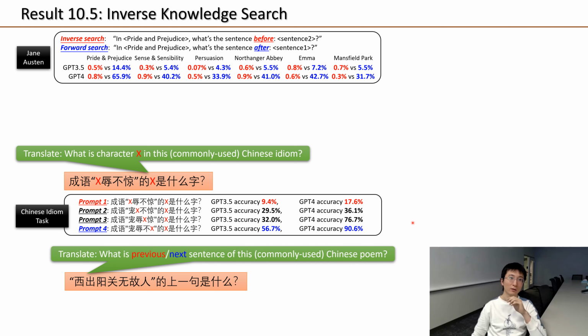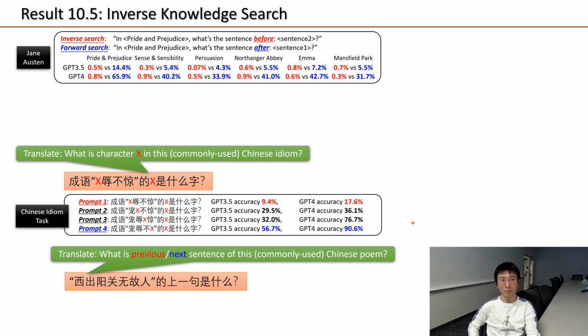Another task is this Chinese poem task. In Chinese poems, we have some very famous and frequently used sentence pairs. The first sentence and second sentence form a commonly used Chinese poem sentence pair that we even speak in our verbal language. And you can ask GPT, for instance, what is the sentence before the second sentence, or what's the sentence after the first sentence?